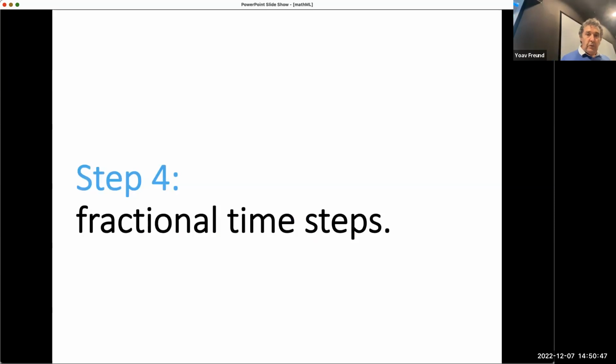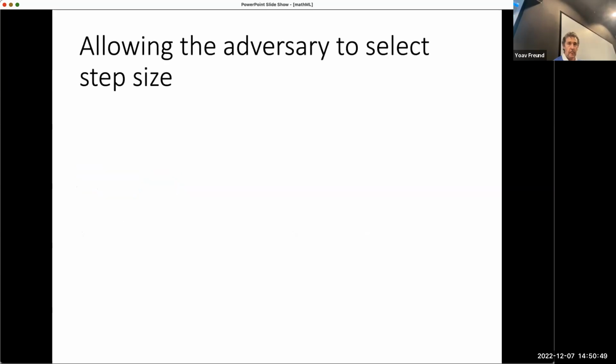Okay, so now we get to step 4, fractional time steps. Remember, at the very beginning we allowed the adversary to split each expert into 2, right? Here we're going to give the adversary a different superpower.